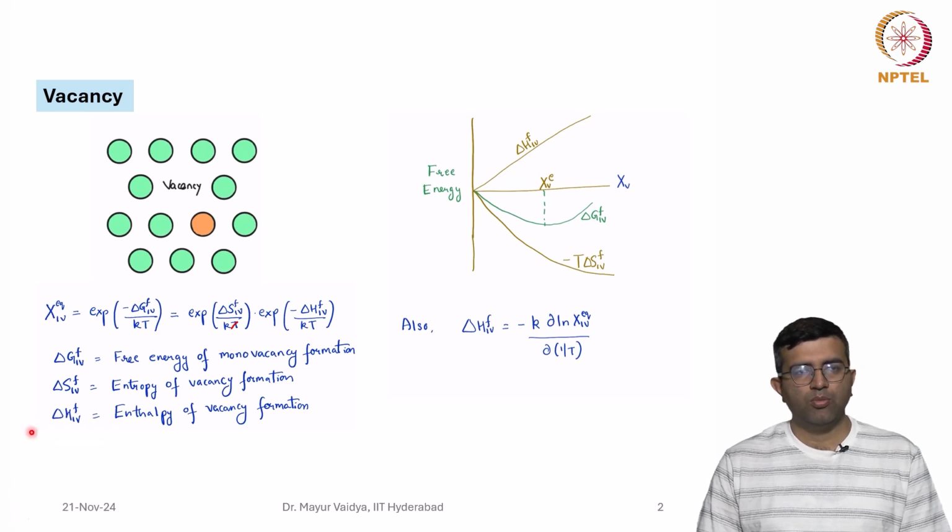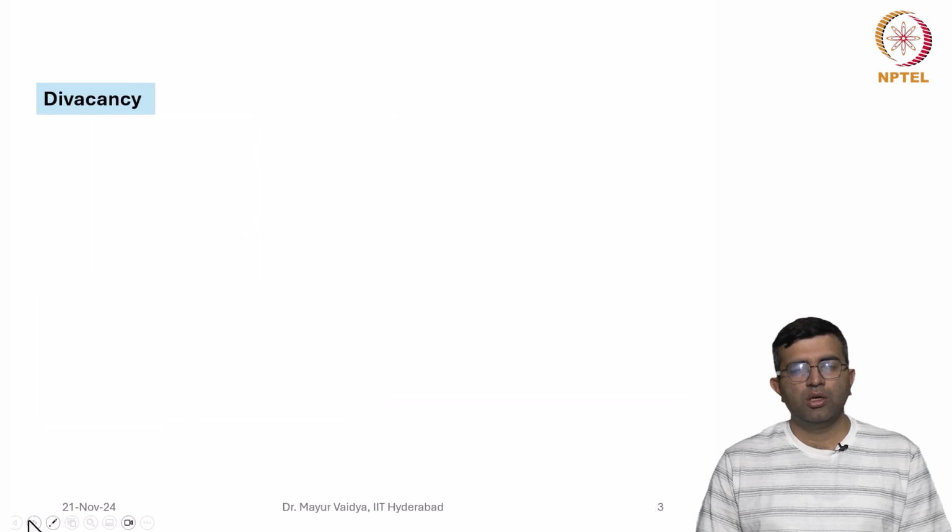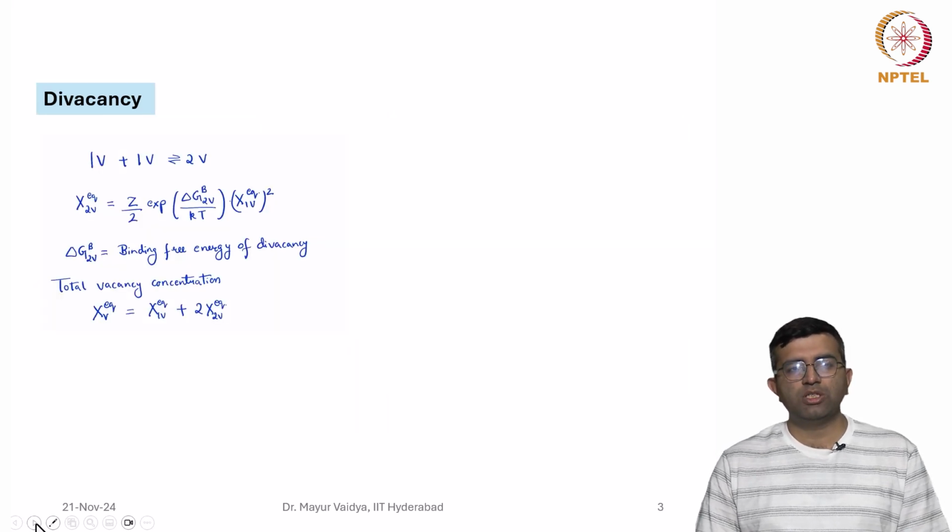Moving ahead, there is also a possibility of divacancy formation. That means two vacancies come together. So two vacancies, if they join together to form 2V, that is a divacancy.